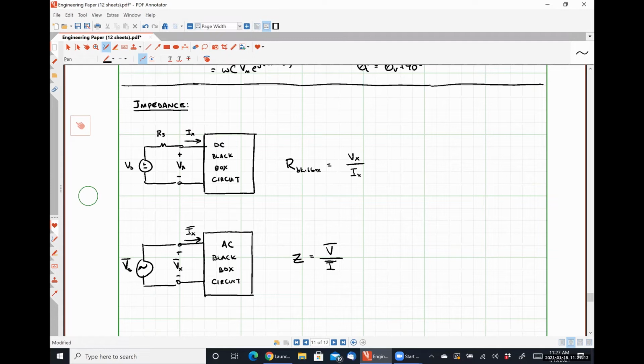And we can express this relationship in two different ways.